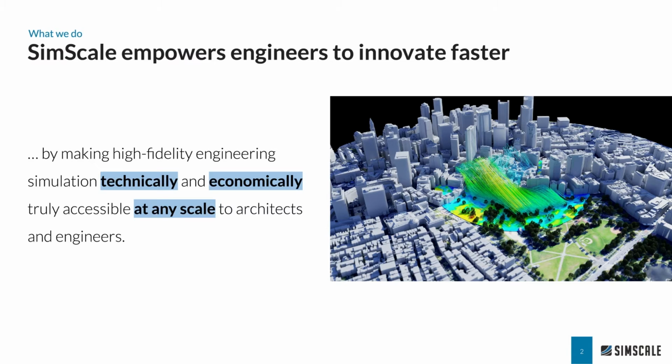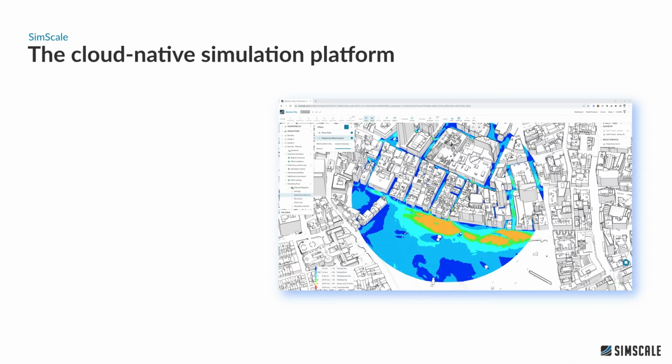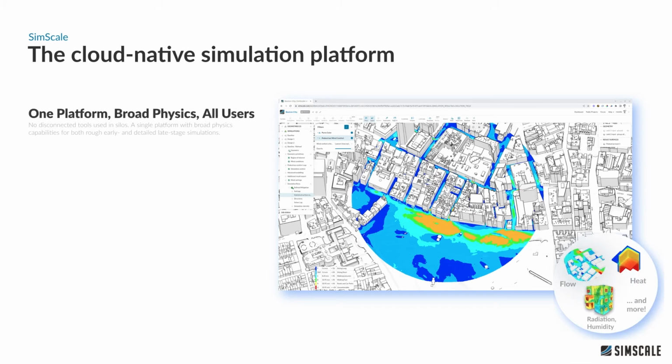For the ones that really don't know what SimScale is, in a single, pretty long sentence: SimScale empowers engineers to innovate faster by making high-fidelity engineering simulation technically and economically truly accessible at any scale to architects and engineers. So that's basically our motto. But what does it actually mean? SimScale is a cloud-native simulation platform. It's one platform where you have a broad set of physics.